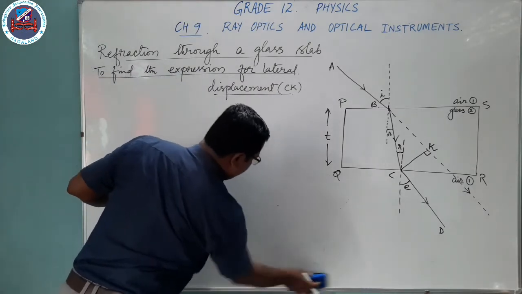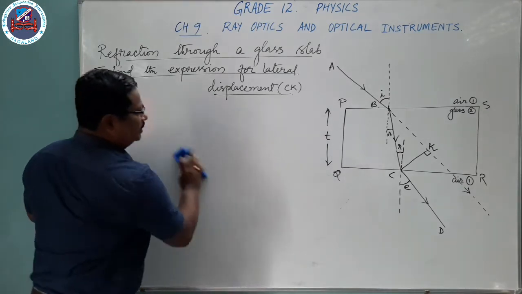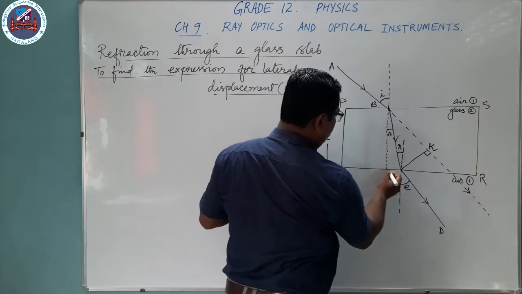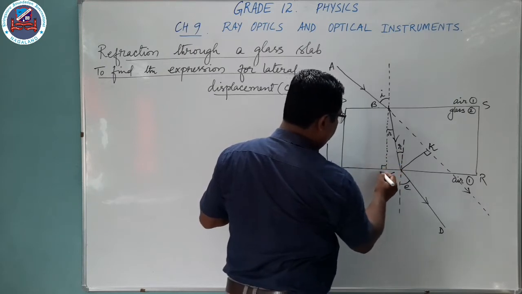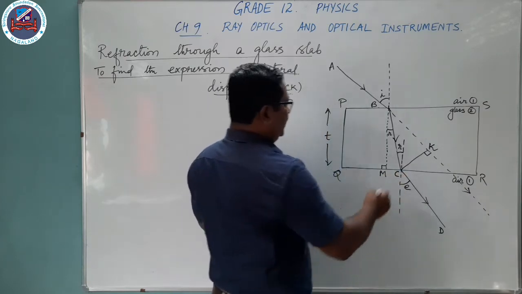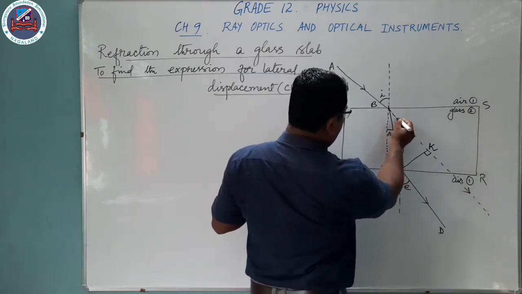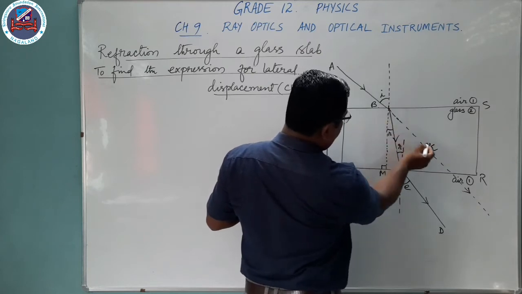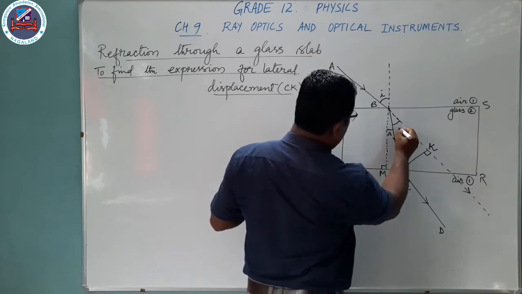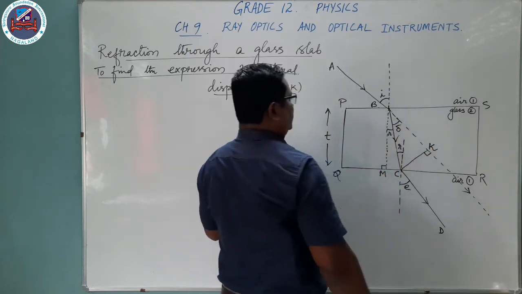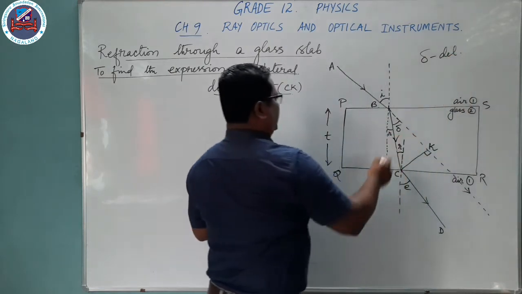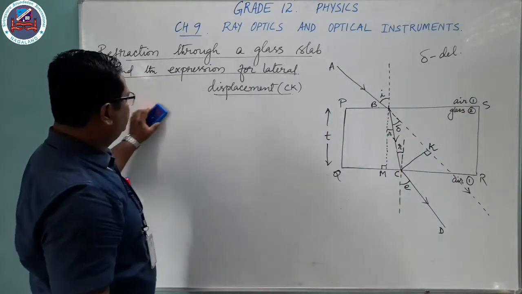To find this relation, this normal, the first normal, drop it down, bring it down, then it will be perpendicular here. Let us take it as M. This point is C. And this angle with the incident ray produced and the refracted ray, let us take it as del, the angle of deviation. Del, we pronounce it as del, and we are taking it as the angle of deviation.